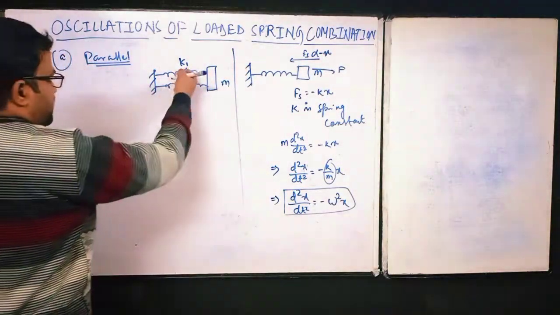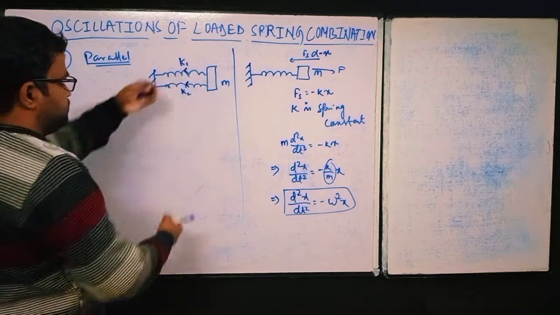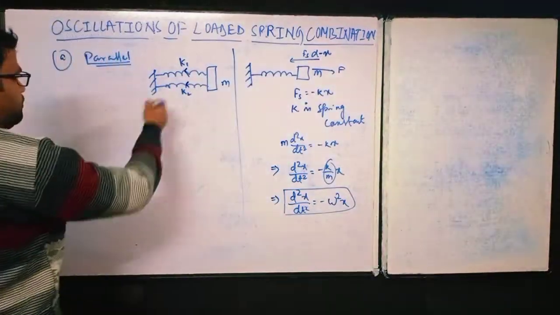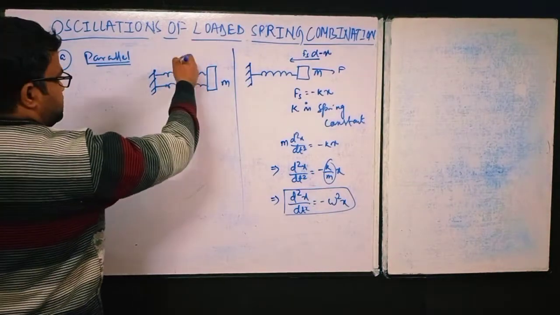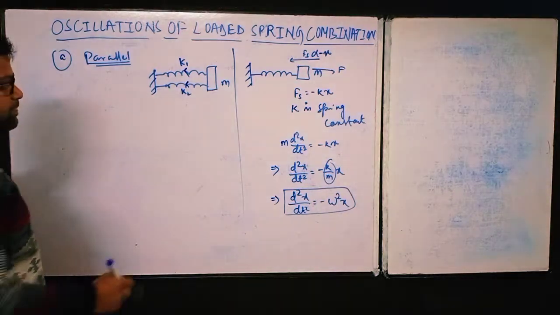Suppose one is very soft, its force will be less, but the extension for both springs is the same.